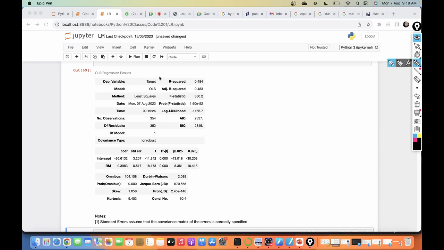Okay, so this is our target, meaning this is the y that we already gave, right? This is the method by which we are finding the values of beta 1, beta 2, beta 3, beta naught. Model is OLS and method is least square method.